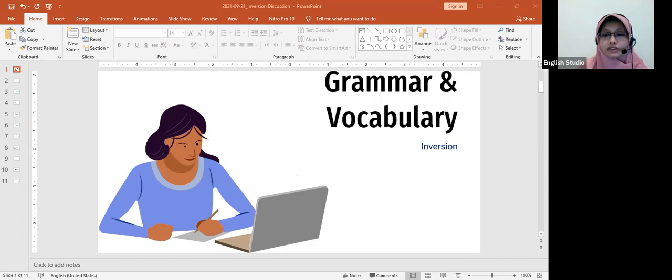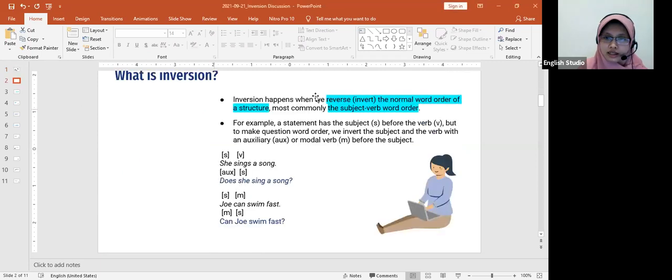Inversion is one of the grammatical structures that you need to use in both writing and speaking, especially for the speaking section. That's why I decided to discuss inversion tonight. Before discussing our assignment, let's learn some materials with regards to inversion.